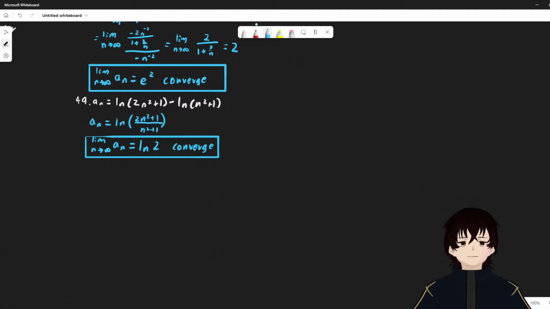Remove the s. Next up, 51. A sub n is equal to arctangent of natural log of n. The limit as n approaches infinity of the sequence.